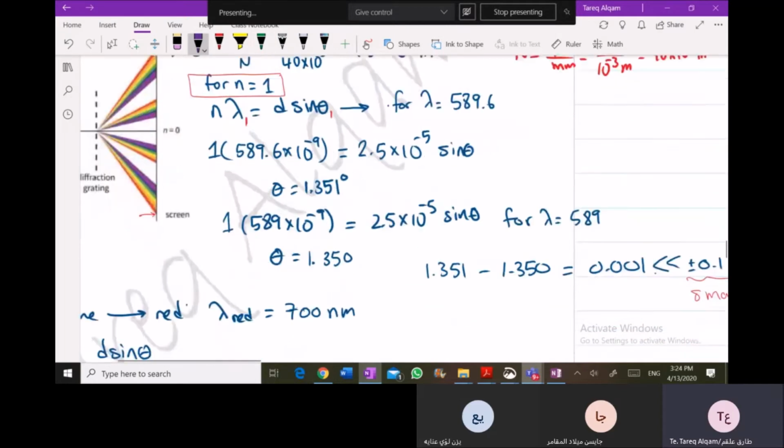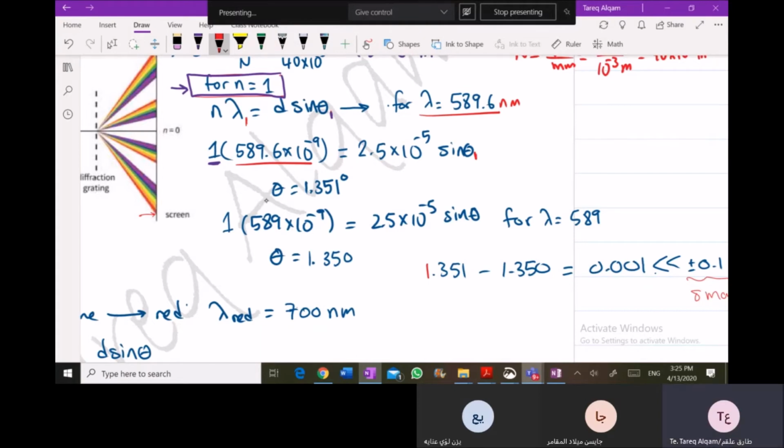Look at what I did here, guys. First of all, for the same order, the first order (I may use the second or third, no matter), I found the angular position, I mean I find theta. Look at the substitution: 1 times the wavelength. I selected the first wavelength, which is 589 nanometers, equals d times sine theta 1.